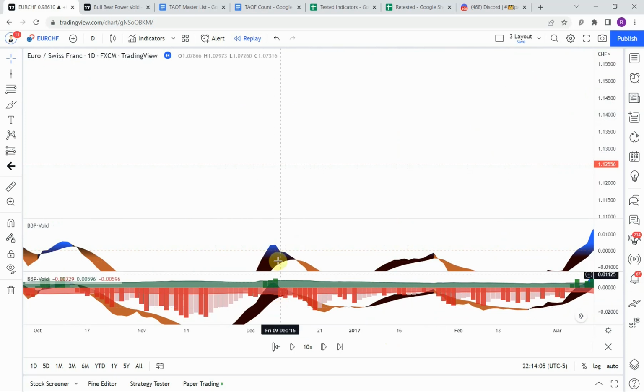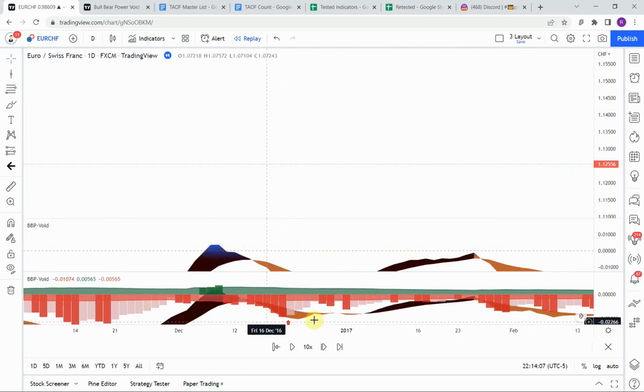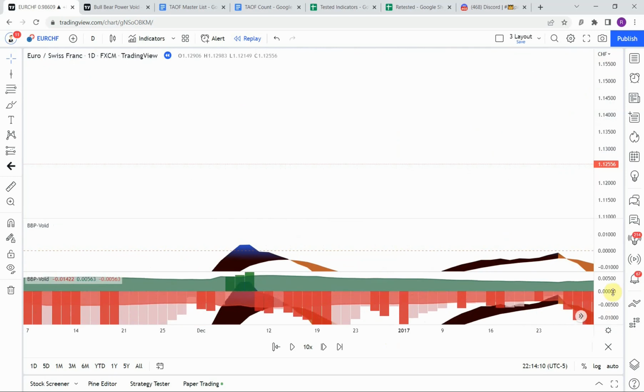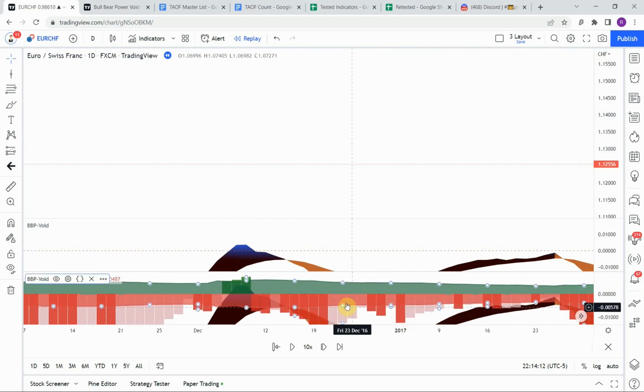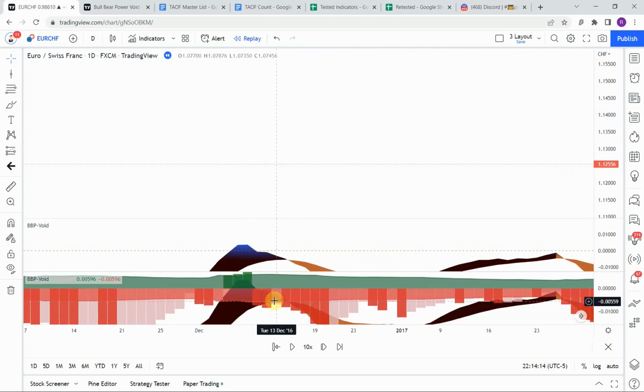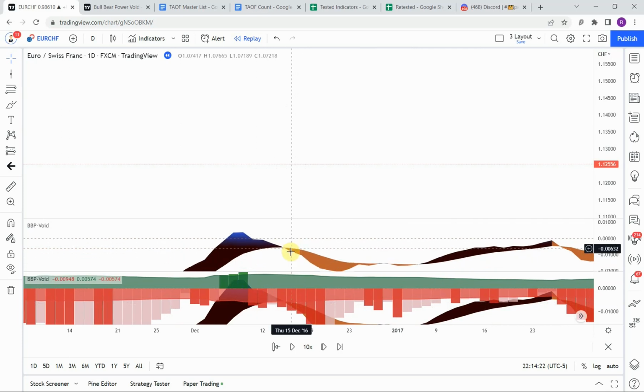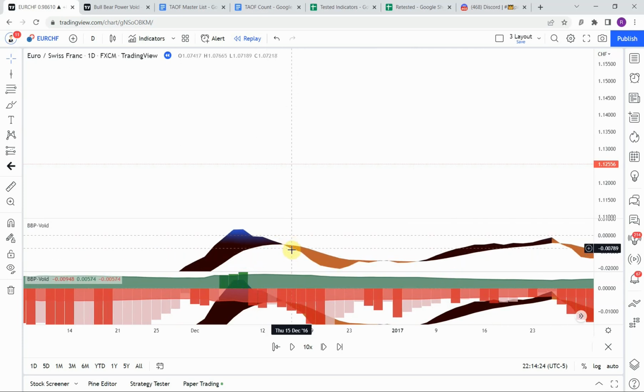Here we go, I guess this is an example right here. There were instances where we would get the breakout of these bars, either to the upside or the downside, and the ribbon would not be in the correct color, and then the bars would continue, and eventually the ribbon would catch up and switch to the color that we were looking for.